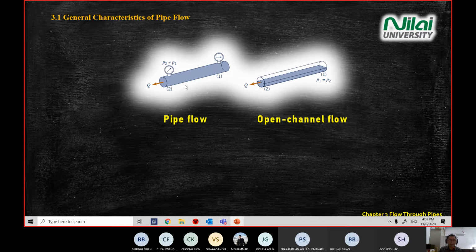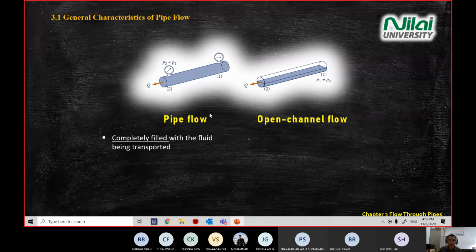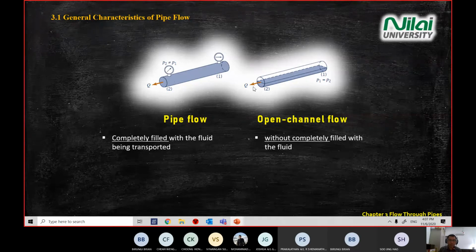As you can see from the diagram here, the main difference is the water inside the channel. So these are all the characteristics. One is completely filled with the liquid. This one is partially filled, or not completely filled with the liquid here.